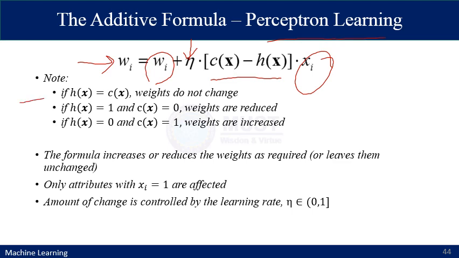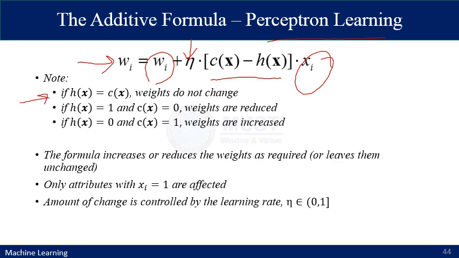If actual and predicted values are the same, the weight will not change because this difference results in 0. Again, if the prediction is 1 and the actual is 0, weights are reduced, and if the prediction is 0 and the actual is 1, weights are increased. So the formula increases or reduces the weights as required or leaves them unchanged.